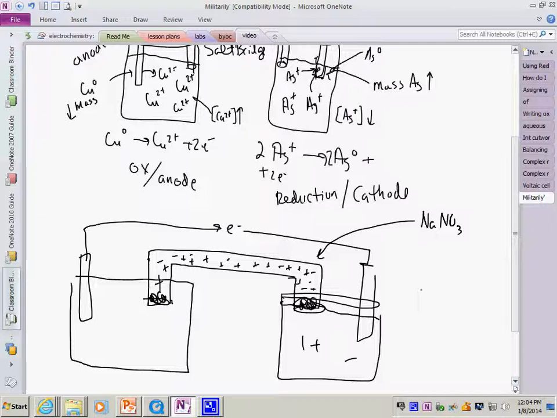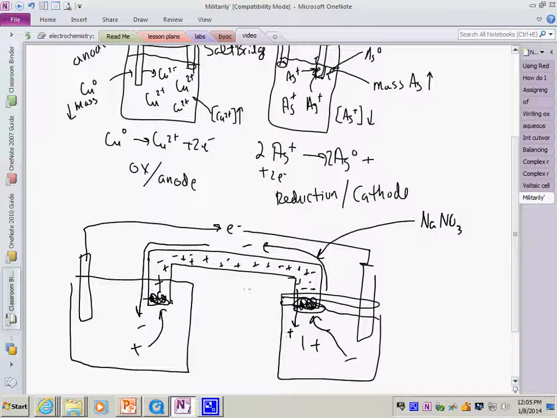As the negatives approach this side, the negatives will start to repel each other, and the negatives will start to push up. The positives of the salt bridge will attempt to come back down. So the negatives will start working their way this way and come out this way. Again, as we lose negatives, negatives are re-entering the solution from the salt bridge, and positives would attempt to go the other way.